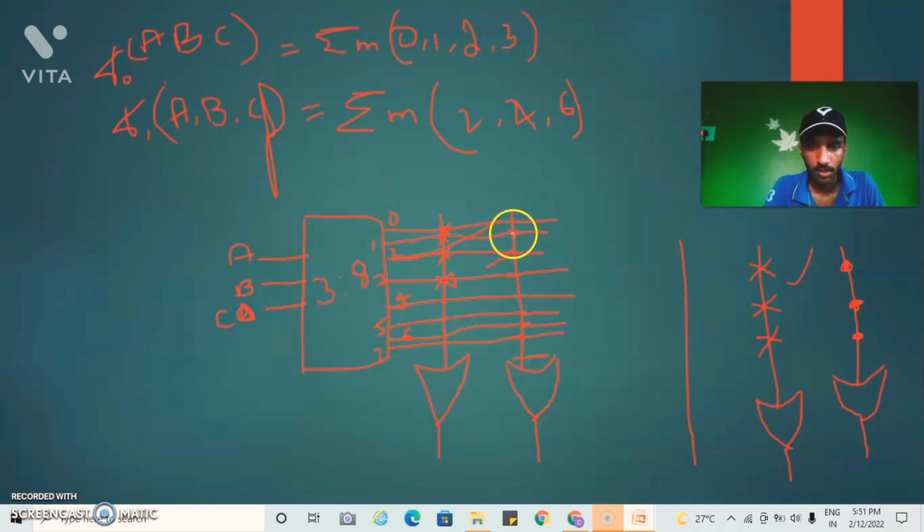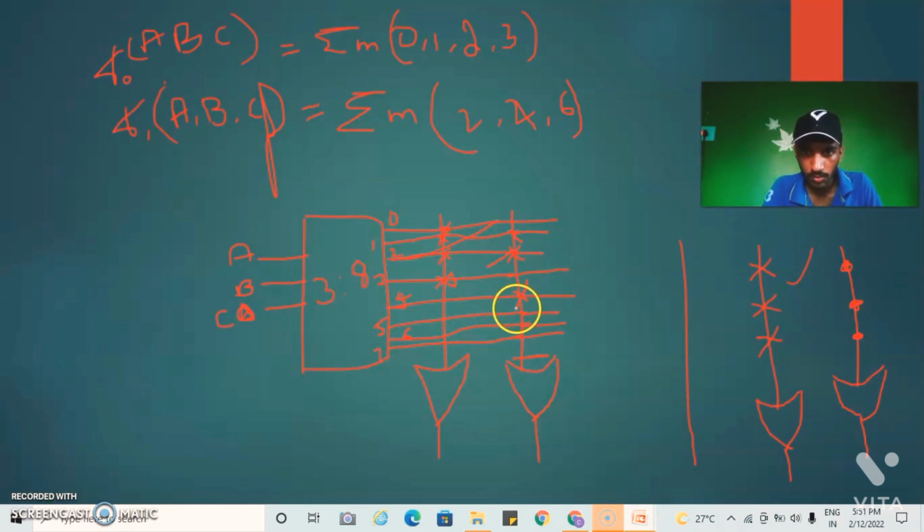So this is 2, this is 4, and this is 6. This is f0, this is f1.